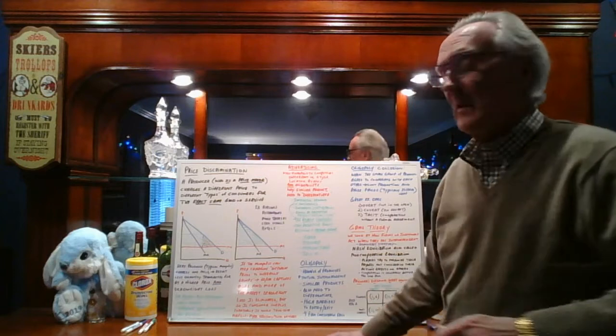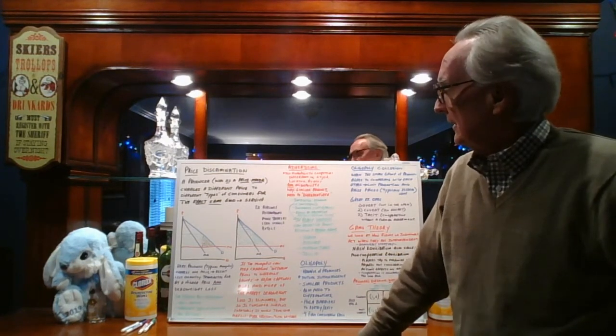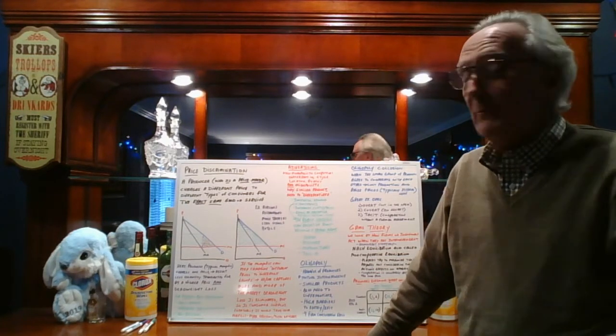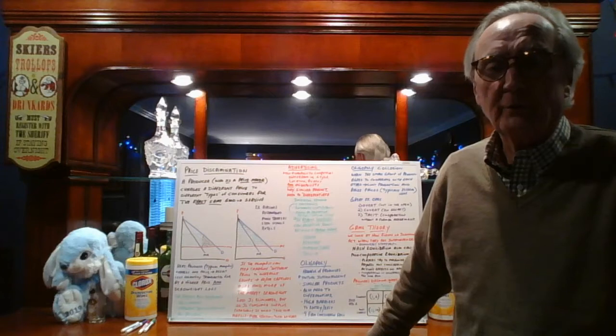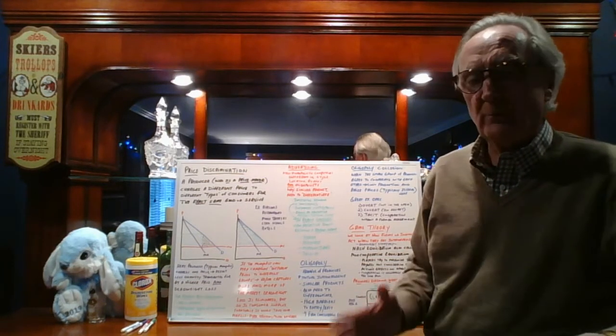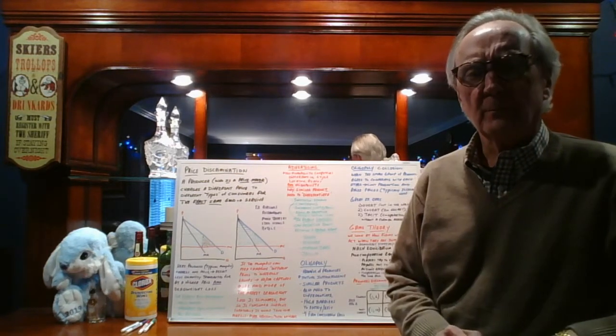And what they do is they charge a different price to different types of consumers for the exact same good or service. The good or service has not changed, but they're charging different prices for it.